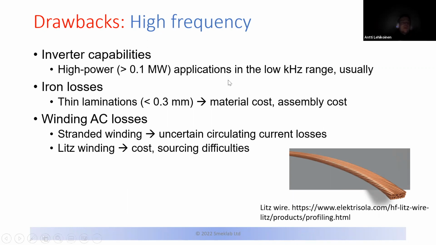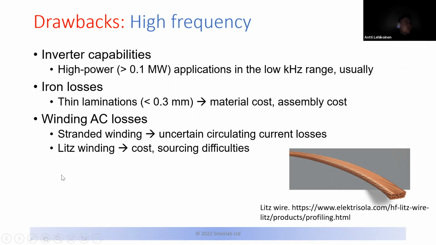But still, they are costlier, they are more difficult to handle, meaning the assembly gets more difficult and more costly, and so on. And finally, you will start to get higher and higher AC or eddy current losses in the windings of the machine. You can eliminate them quite nicely by using litz wire, which is visualized here.